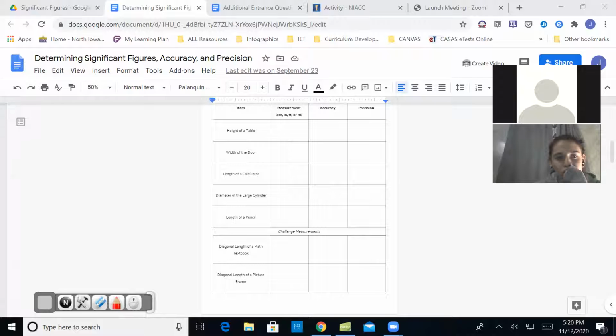What's the place value that the 5 is in? The tenths. So this was tenths. And the width of the door was 3.625. So thousandths.